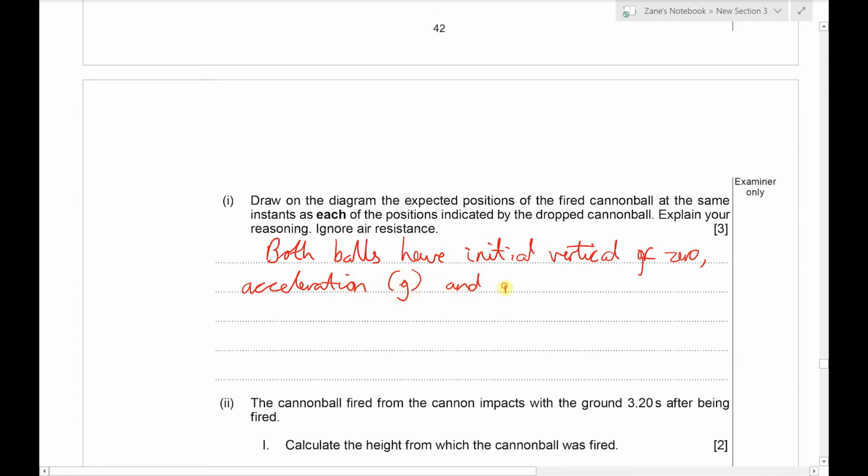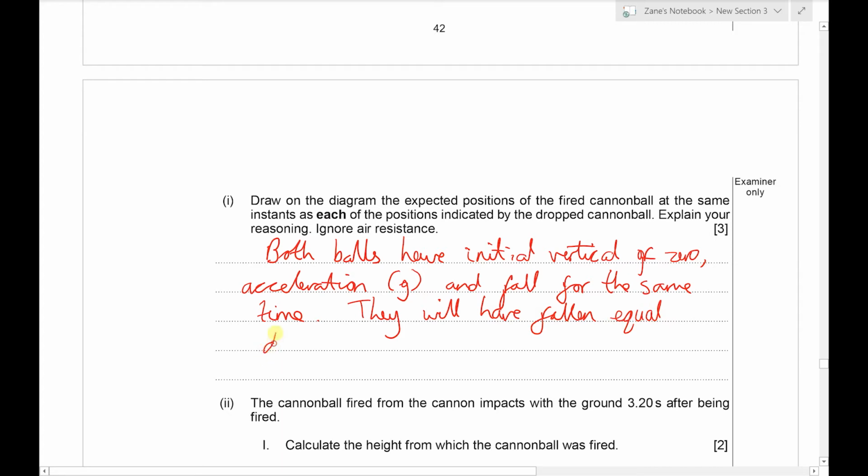And they're falling for the same time. So basically they're going to be in the same vertical positions at the same time intervals. So let's say they will have fallen equal distances in the same time.